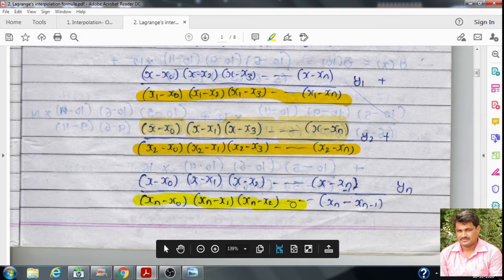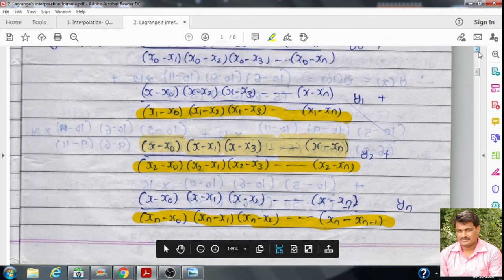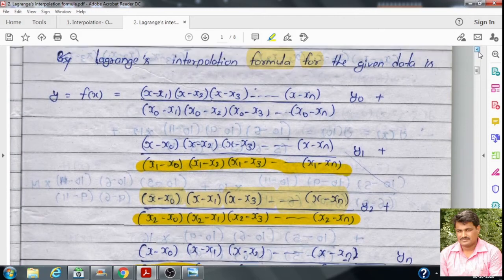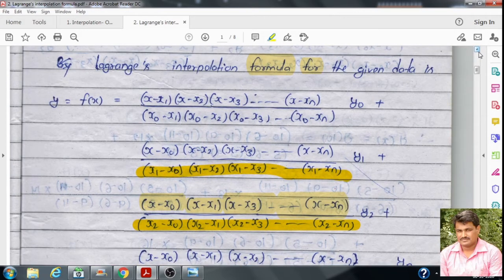Means in the numerator we replace x by xn and we get the denominator, multiplied by yn. Here is the plus and so on, and this is the last term. This formula is known as Lagrange's interpolation formula for a given data. Using this formula, we can find the interpolating polynomial for a given data.